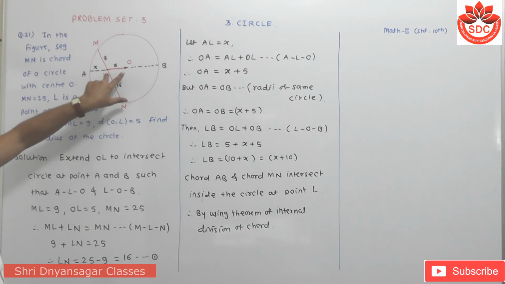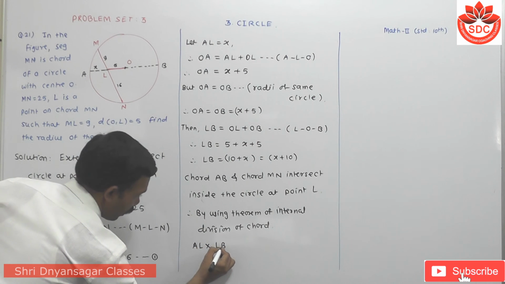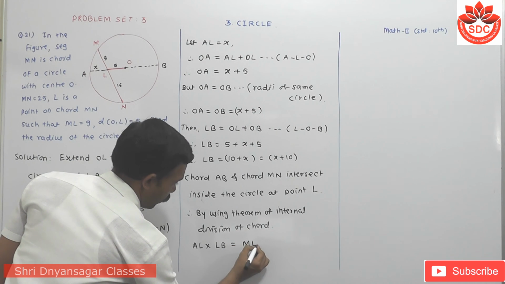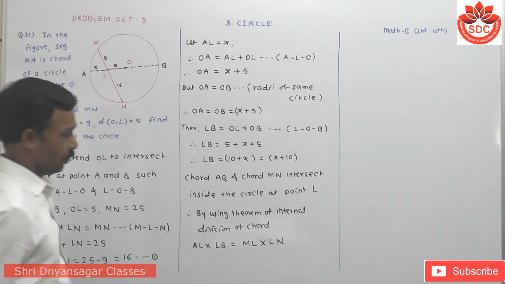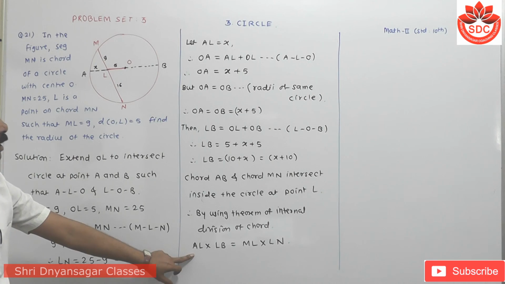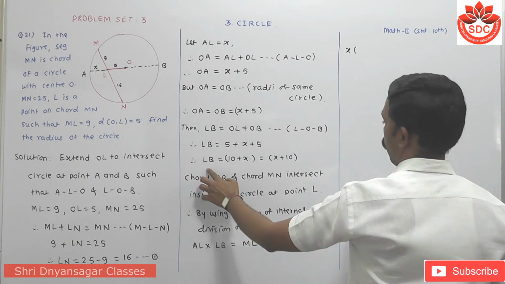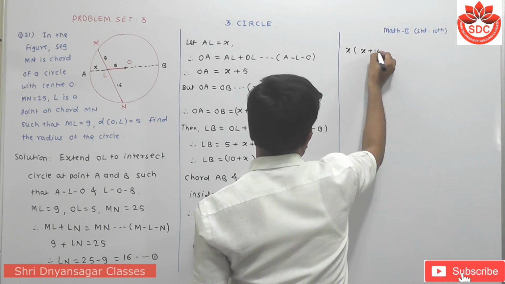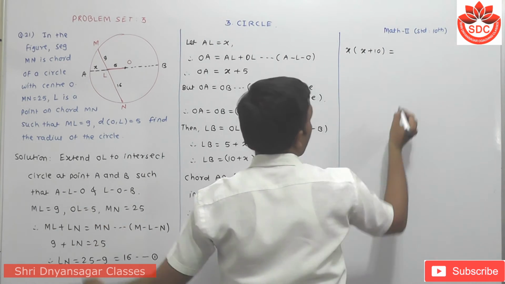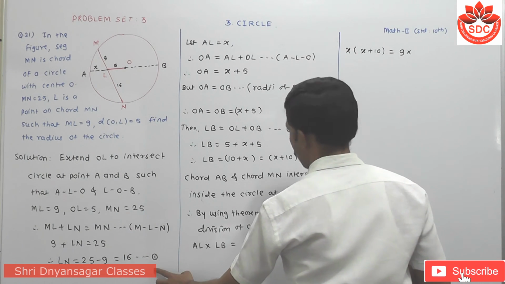Here AL into LB is equal to ML into LN. Then we substitute the values. The value of AL we take as x in brackets. LB is x plus 10, is equal to ML, which is given here as 9, into LN, which from the first equation is 16.